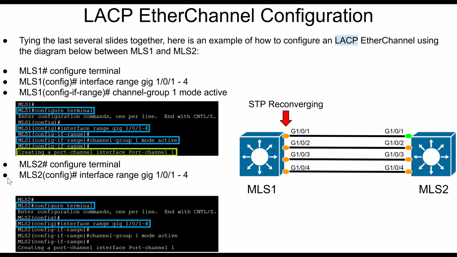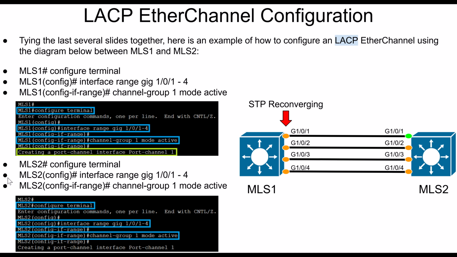Configure terminal. Interface range gig 1/0/1 to 4. Channel-group 1 mode active. So we just told MLS2 to do the same thing. Spanning tree starts reconverging for it because now MLS2 has one logical interface.